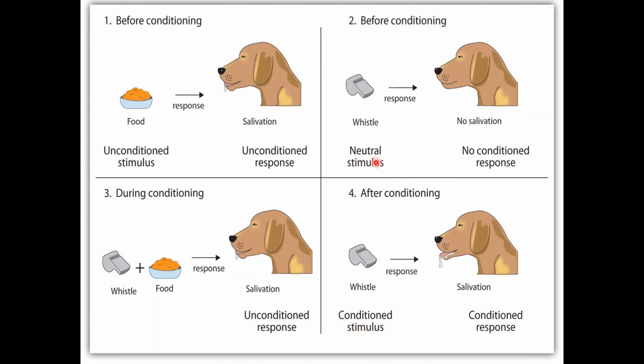The conditioned stimulus is just after learning has occurred. So, if asked to label those, know that they're the same thing. The conditioned response and the unconditioned response are the same thing. With the conditioned response, it's just happening in response to the conditioned stimulus.